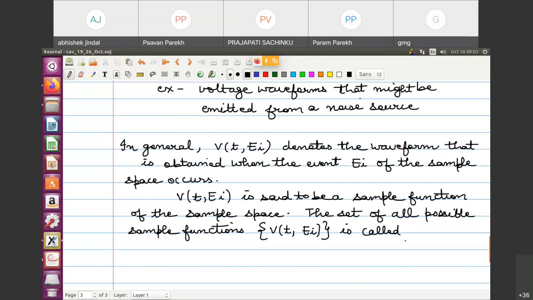Here i and t both vary. It is called the ensemble and defines the random process V of t that describes the noise source.